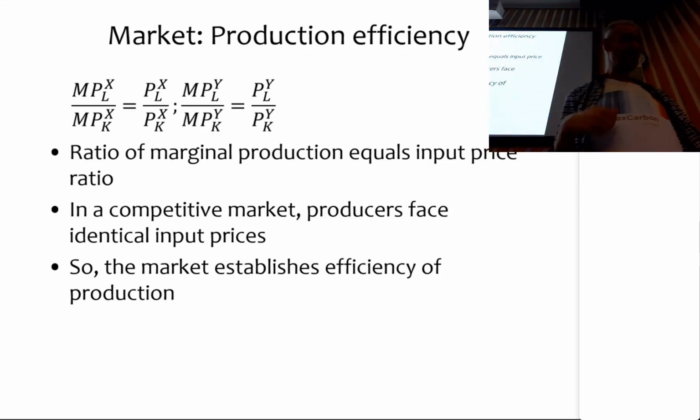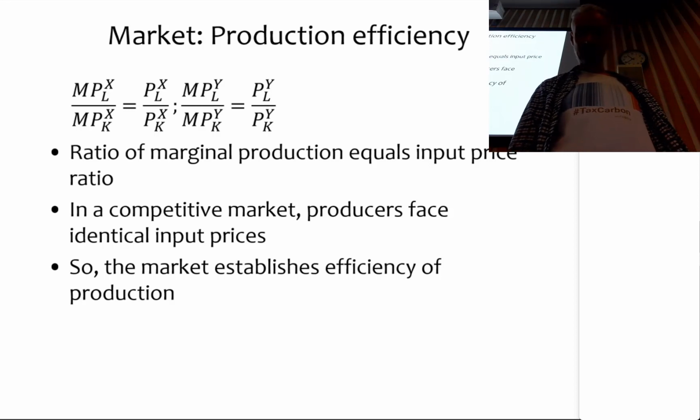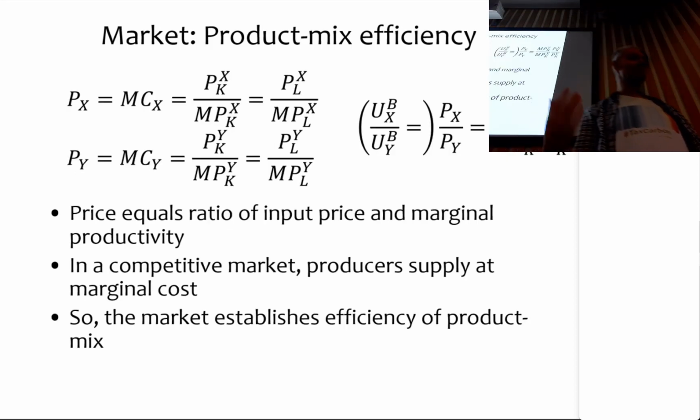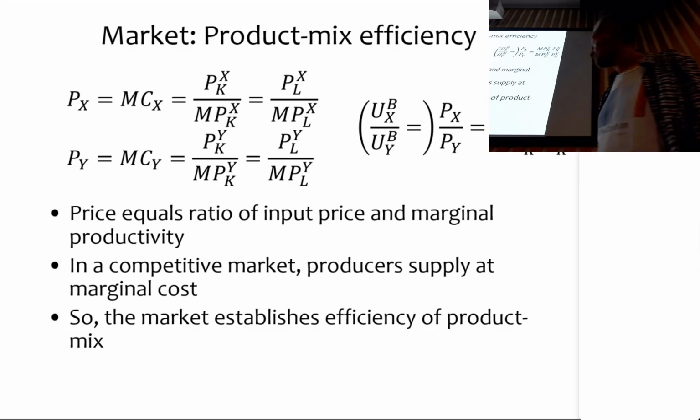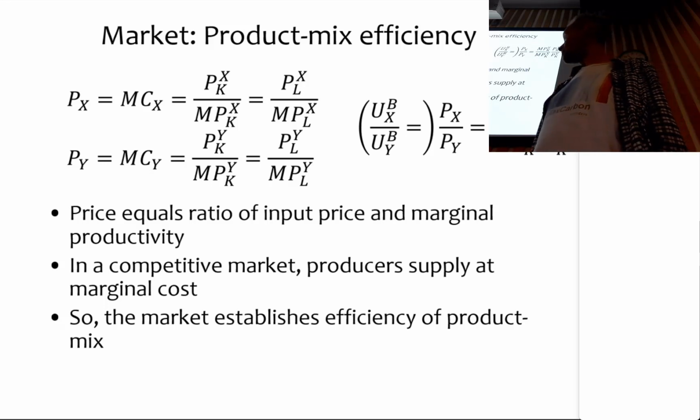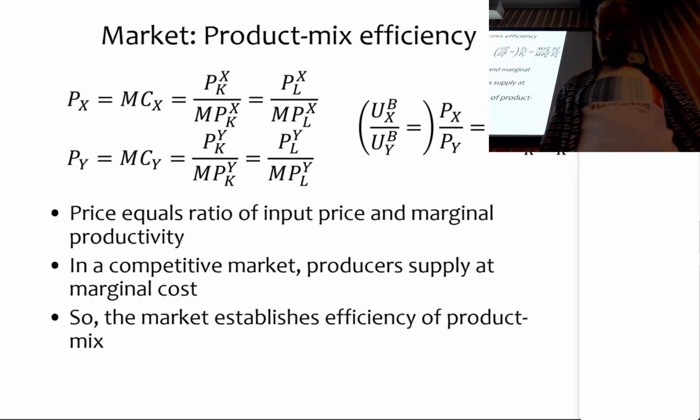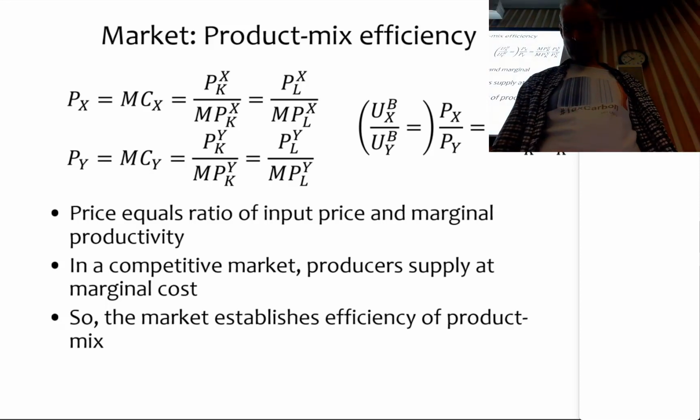So the market establishes efficiency of production. And then the market also establishes product mix efficiency. In a competitive market, producers supply at the marginal cost. So that was a very brief recap.